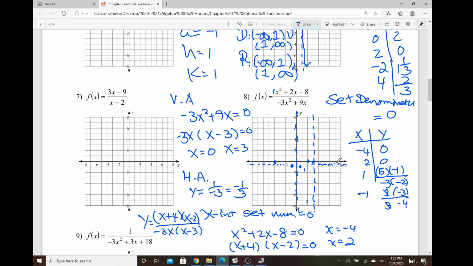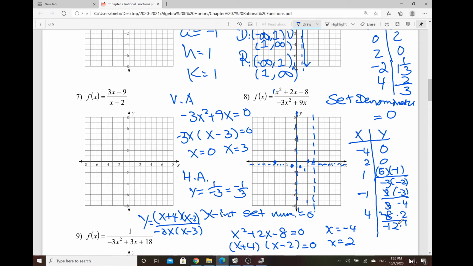Now anything over here, let's say we want to put in 3. No, 3 doesn't work. So what about 4? 4 plus 4 is 8. 4 minus 2 is 2. Negative 3 times 4 is negative 12. 4 minus 3 is 1. Then for this one, just reduce it, by 4 first.